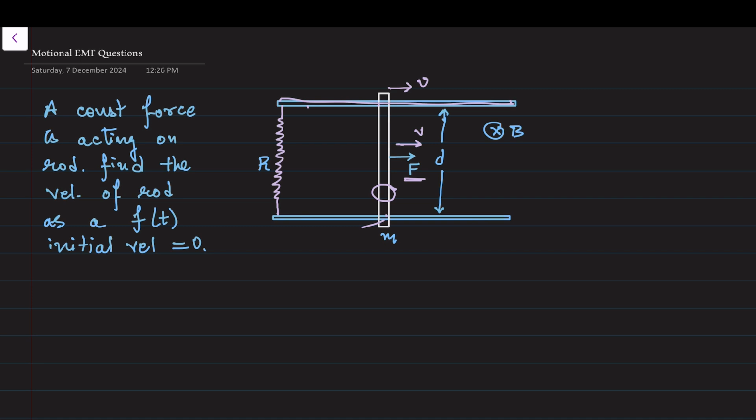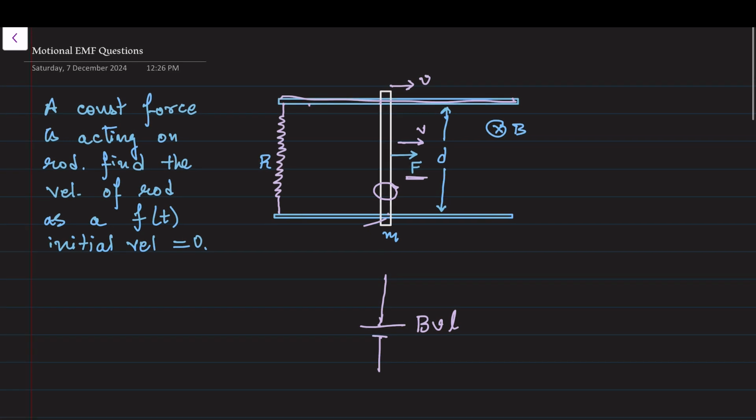Because of that, an EMF will develop, and that EMF is BVL. The polarity we can find by using the right hand thumb rule number 3. So this rod AB has been replaced by this particular battery.